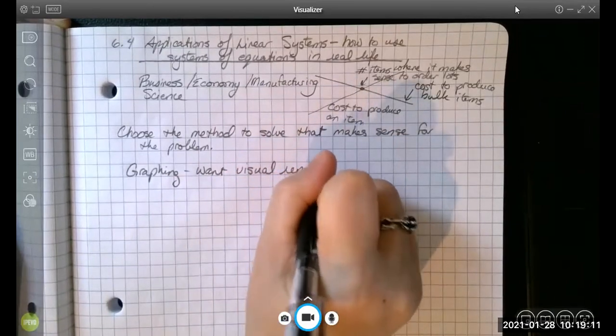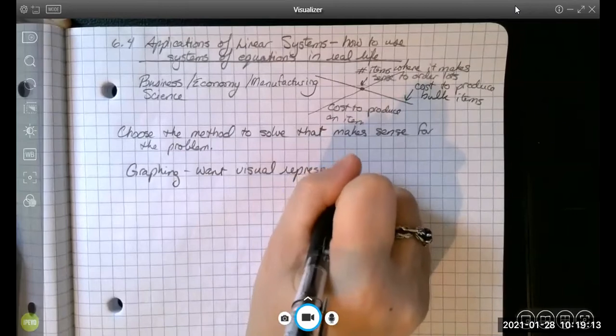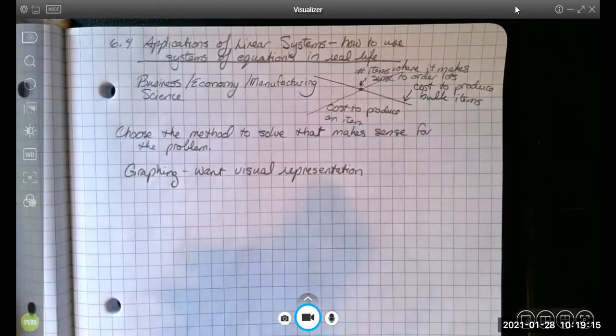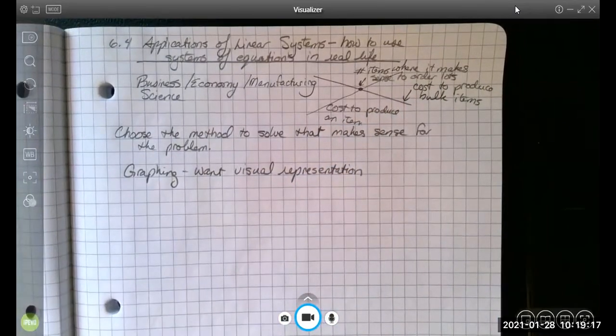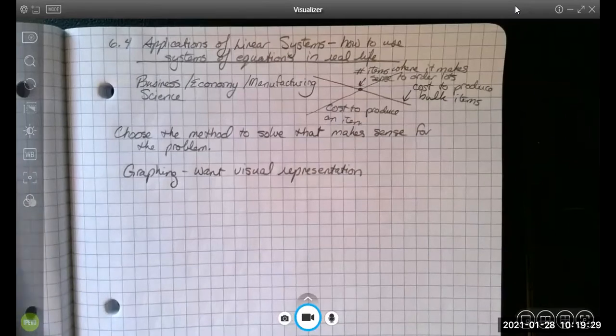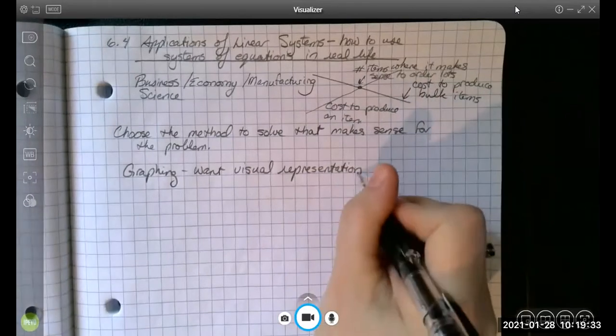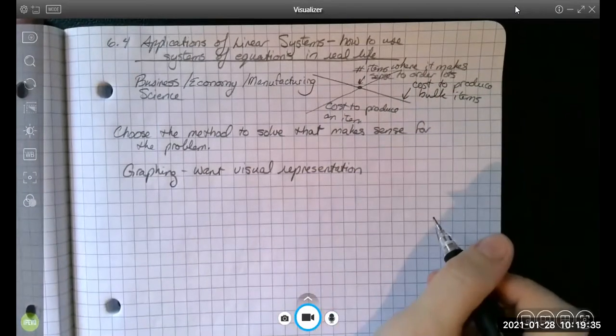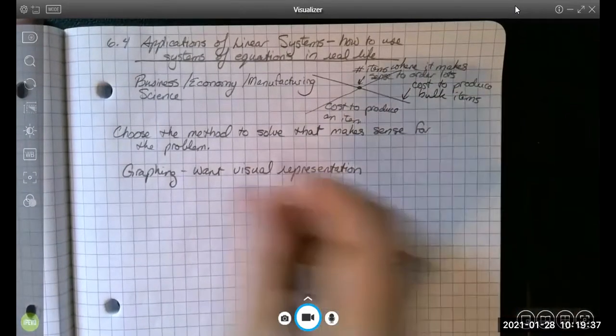You want to see what's going on. That's why it's great in business. Most business people just want to see what's going on. They just want to see, oh, okay, the number goes up, that's a good thing. Unless it's money that they're paying, and then it's a bad thing. Nobody likes to pay lots of money. So this is purely based on application, when you really want a visual representation of it.